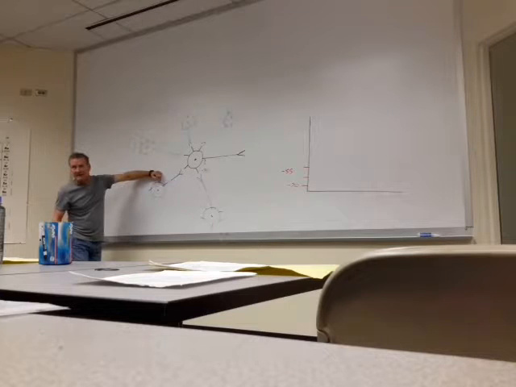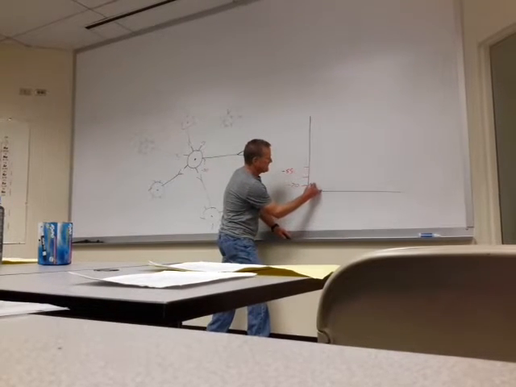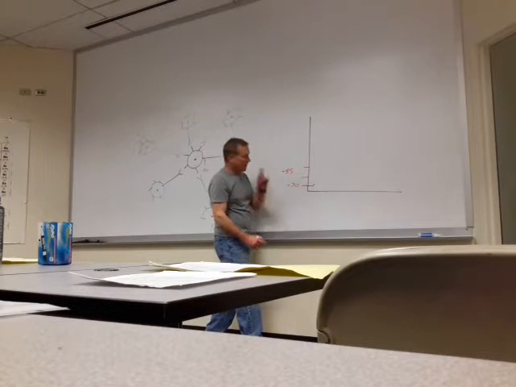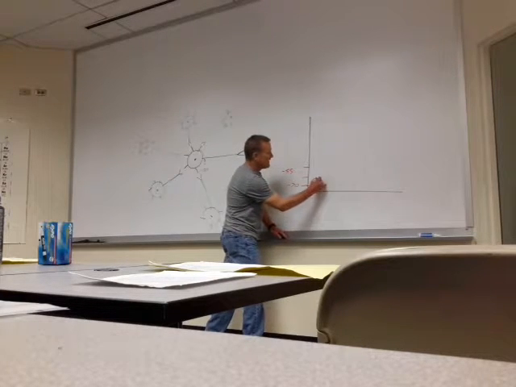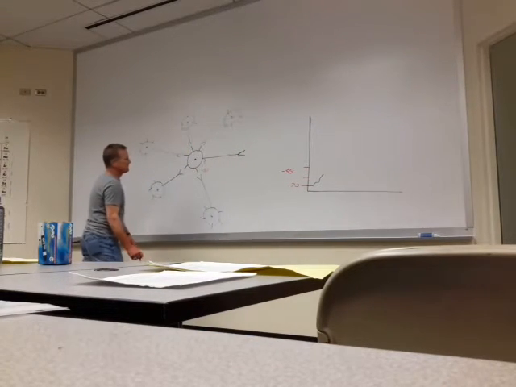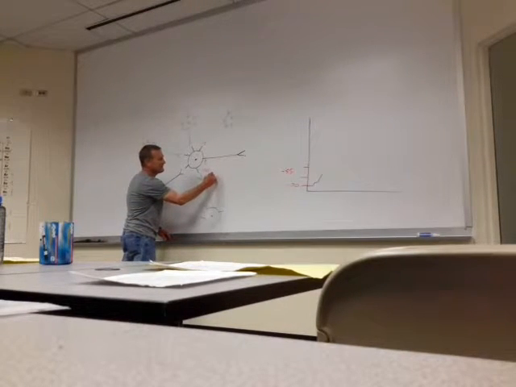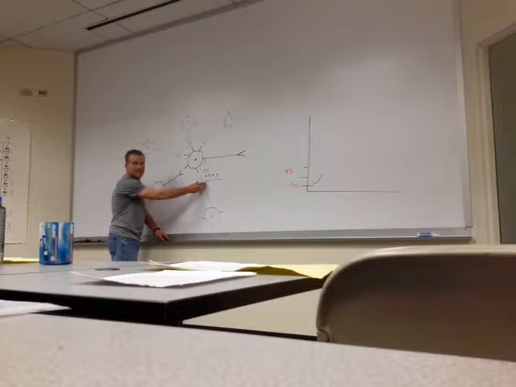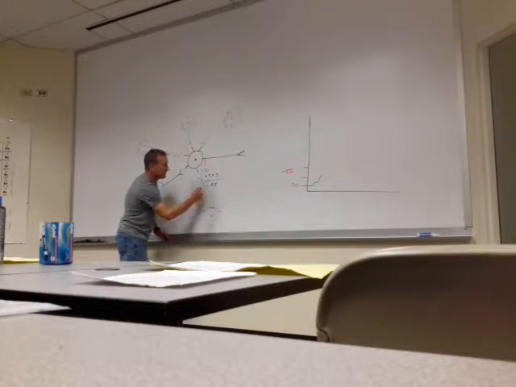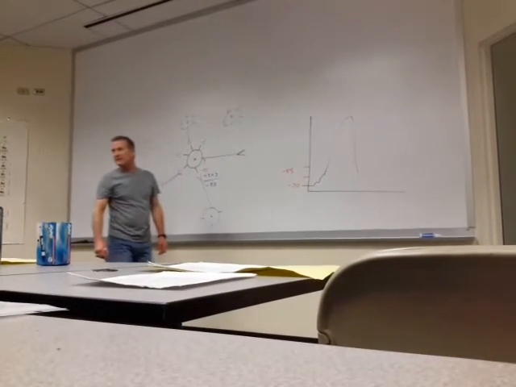Bang, bang, bang. And each time it carries a value of 5. Before it returns to rest, it fires again a value of 5. Before it returns to rest, it fires again a value of 5. What happens here? I've got positive 5 times 3, so what do I have here? Negative 55. So, action potential occurred.